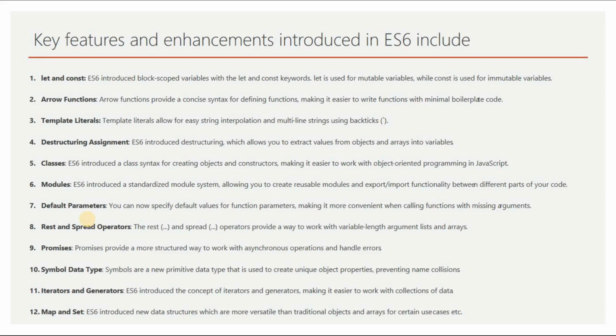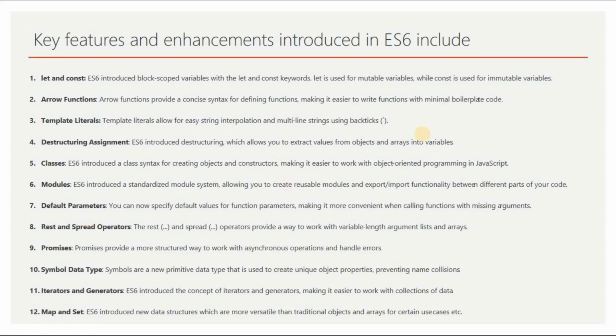Iterators and generators: ES6 introduced the concept of iterators and generators, making it easier to work with collections of data. Map and set we have. ES6 introduced new data structures, map and set, which are more versatile than traditional objects and arrays. Other than these 12 things, we also have enhanced object literals, new array methods, and string methods. So we will see them later.